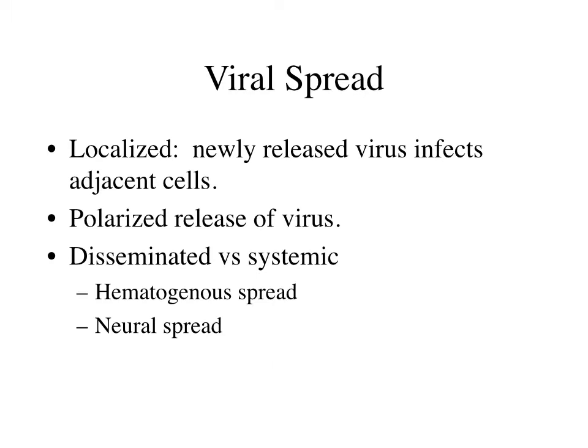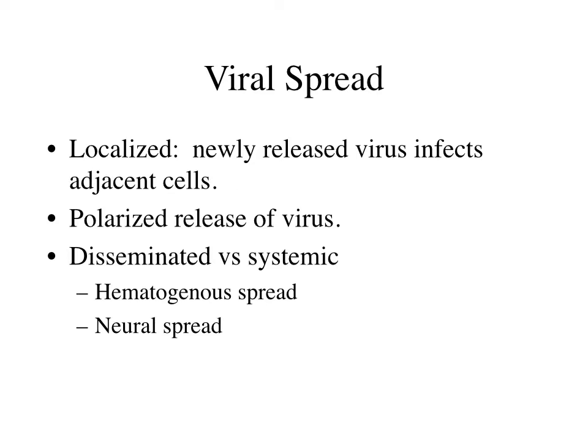Disseminated describes an infection that spreads beyond the primary site of infection. It often includes viremia and infection of major organs such as liver, lungs, and kidneys. Systemic describes an infection that results in spread to many organs of the body. So the thing to keep in mind here is that there isn't a clear-cut difference between a disseminated infection and a systemic infection.